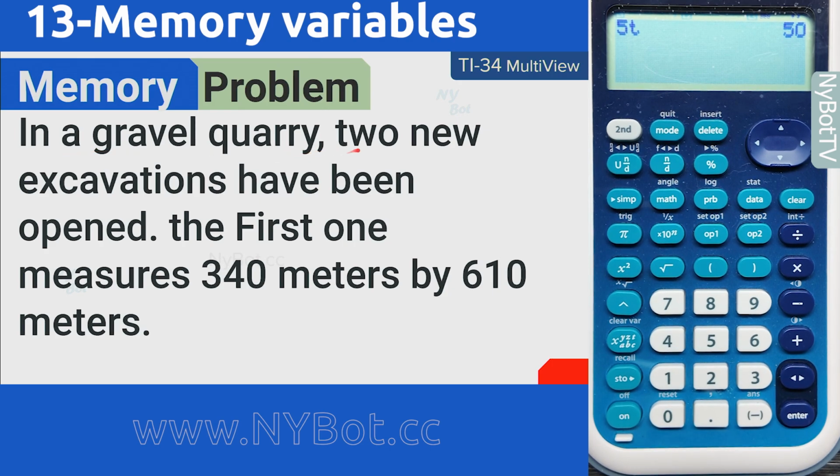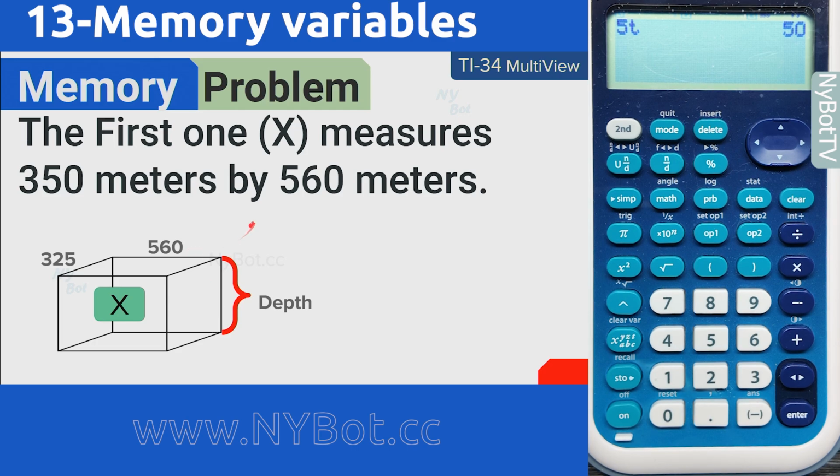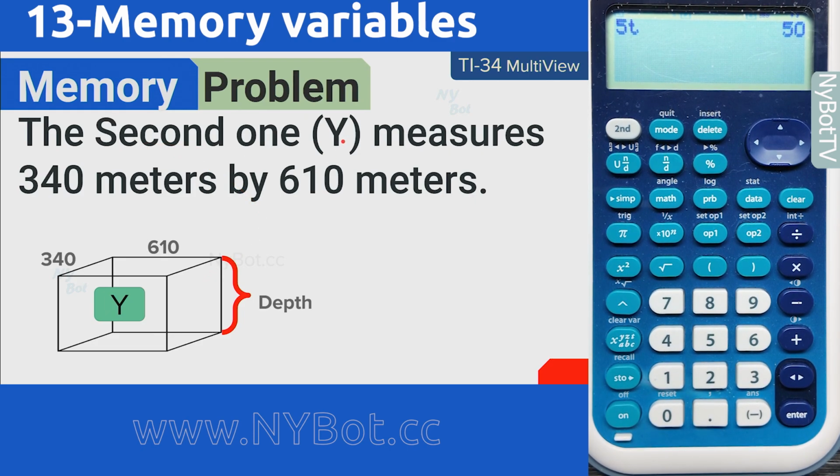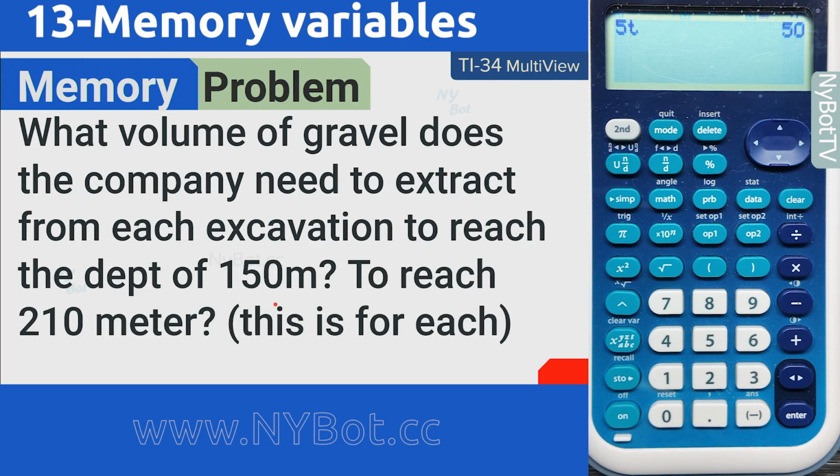Now here is a problem using memory. In a gravel quarry, 2 new excavations have been opened. The first one measures 340 meters by 610 meters, something like this, and we call this excavation X. The depth is not given, it's just length and width. And for the second one, Y, 340 by 610 meters, again, depth is not given.